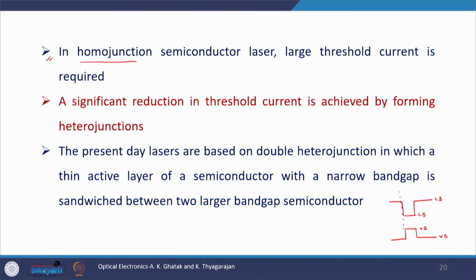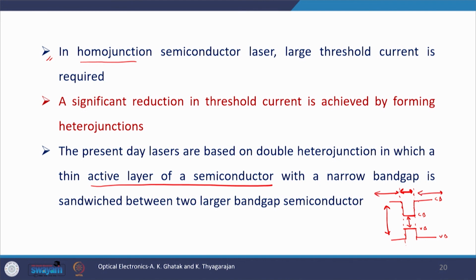This region here is our thin active layer of semiconductor. Its band gap, you can see, is smaller. The difference between conduction and valence band edge here is smaller as compared to this difference. This is called the sandwiching layer or barrier layer.